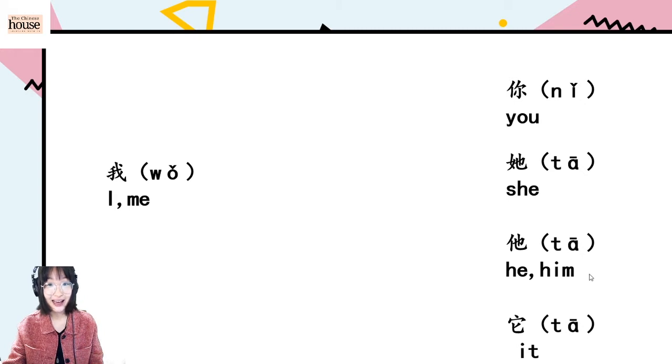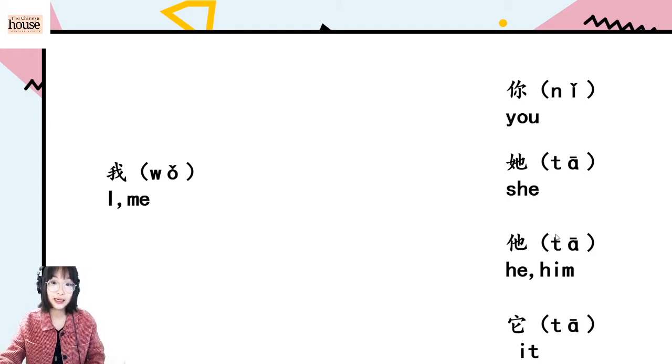Again, 他, it, 它. So the three literally just have the same pronunciation, but the strokes are different, so we have to take care, and you can only understand what the speaker means through the context.